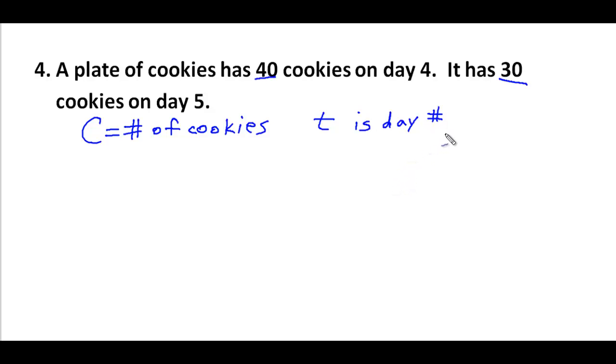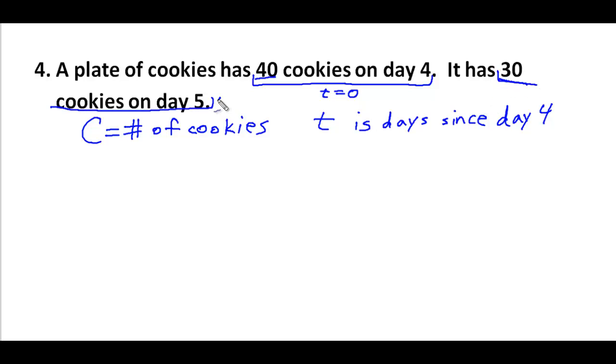We could also say day number since day 4, and having day number since day 4 makes it a little bit easier to work with. Let's say days since day 4, just to make our life a little bit easier, which means that it is 40 when t equals 0, and it is 30 when t equals 1.